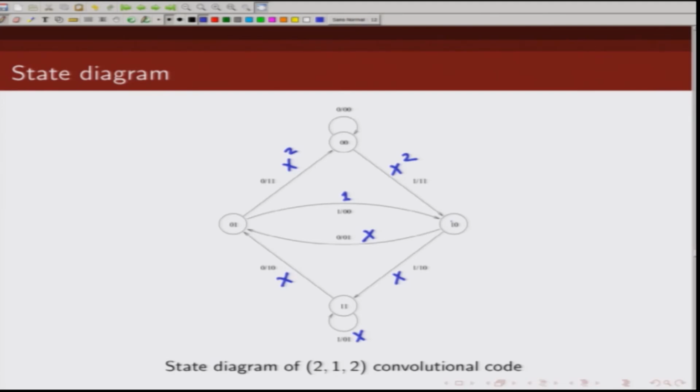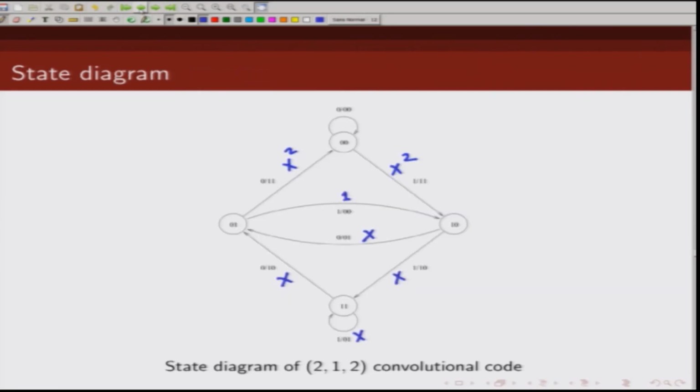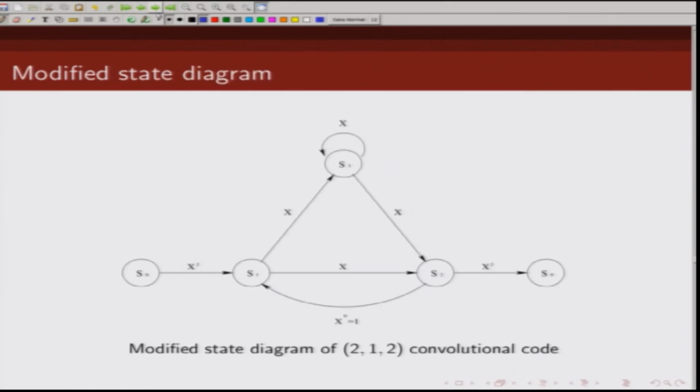So, you can see from 00 I am going to 10 and its output is 11, whose weight is x squared. This branch is labeled by x squared. Similarly, from this state you are going to this state and the branch is labeled by x.